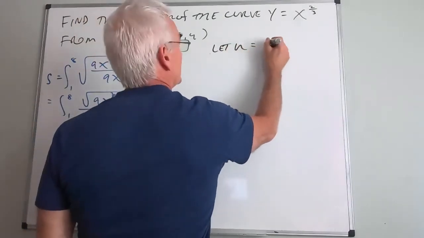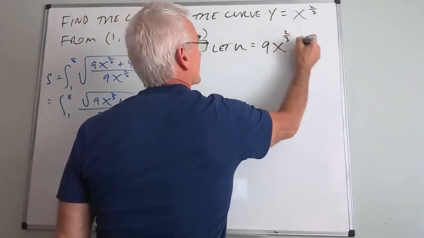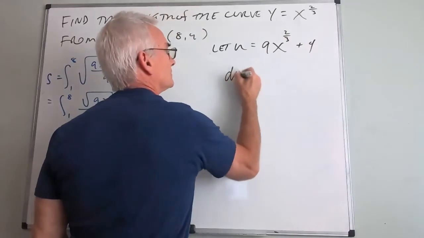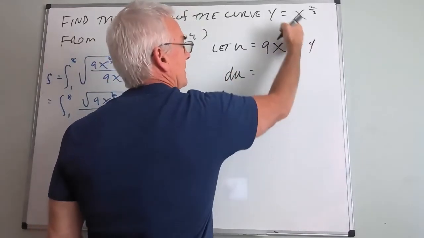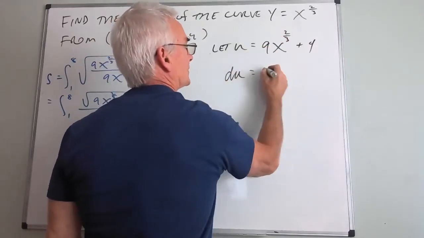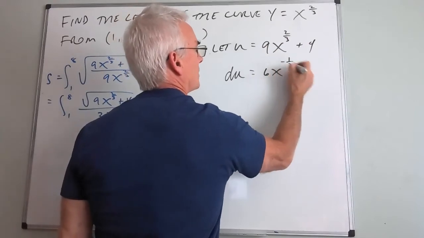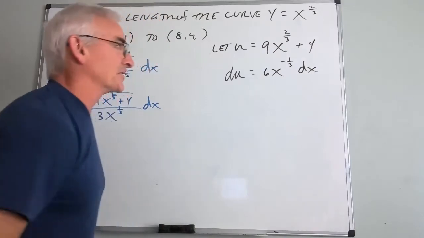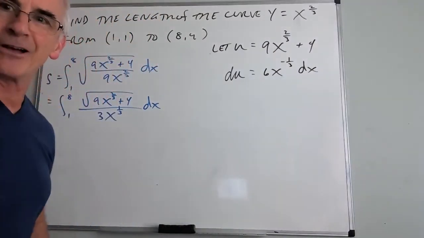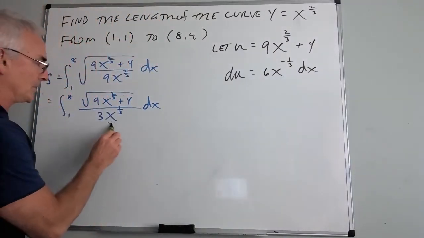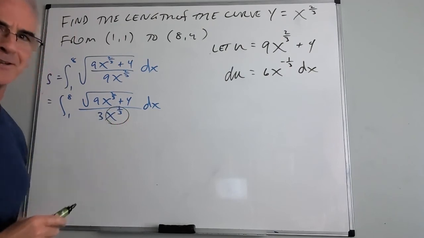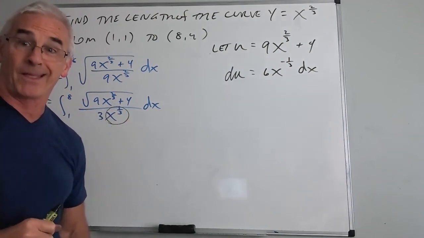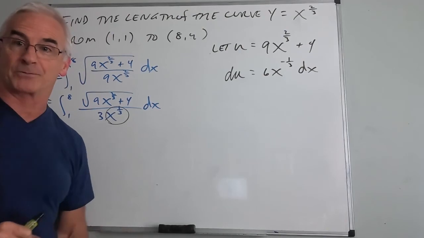If I let u be 9x to the 2/3 plus 4, then what's du? Let's see. That would be 6x to the negative 1/3 dx. Yeah, like I have an x to the negative 1/3 just sitting around in the problem, right? Oh, wait a minute. Do I have an x to the negative 1/3 just sitting around in the problem? Yeah, I have a chain rule factor right there.